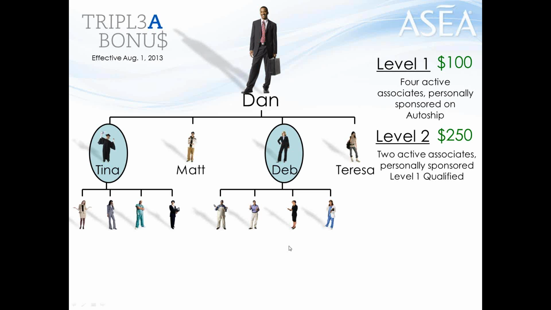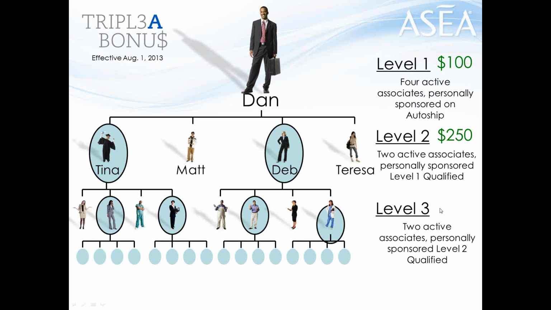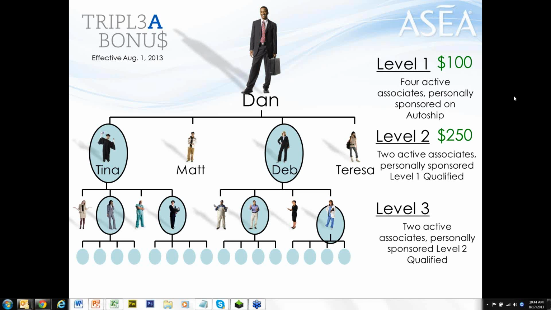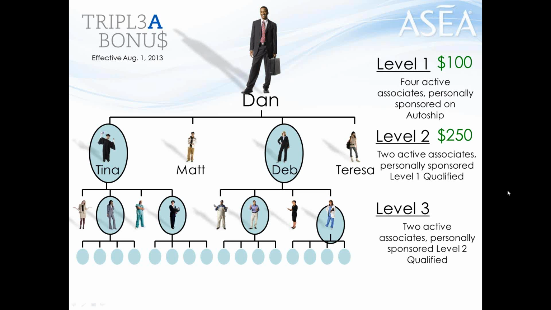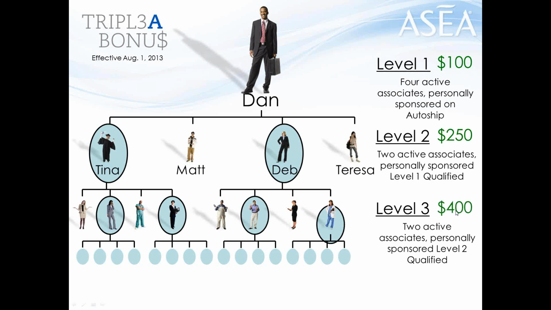All right. Now, one more level. Let's say any two on this side and any two on this side each got their 4 people. Now you'll qualify for the level 3 bonus, which would be $400 in addition.